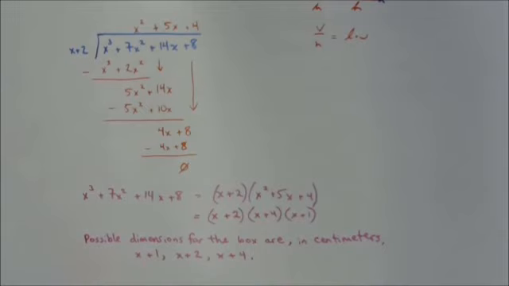And you could also, for instance, put restrictions on this. It doesn't talk about them, but restrictions, you can't have a negative length, right? So x must be greater than negative 1. If x were negative 1, then you would have a dimension of 0, in which case you wouldn't have a box.